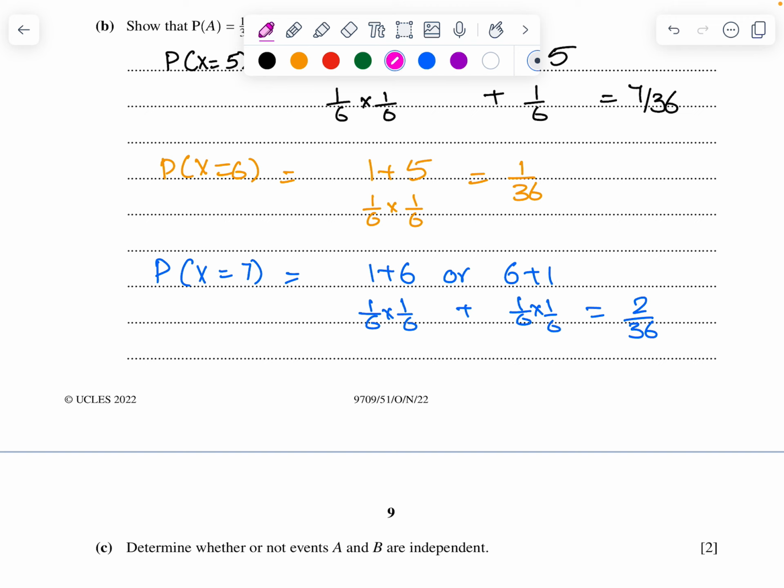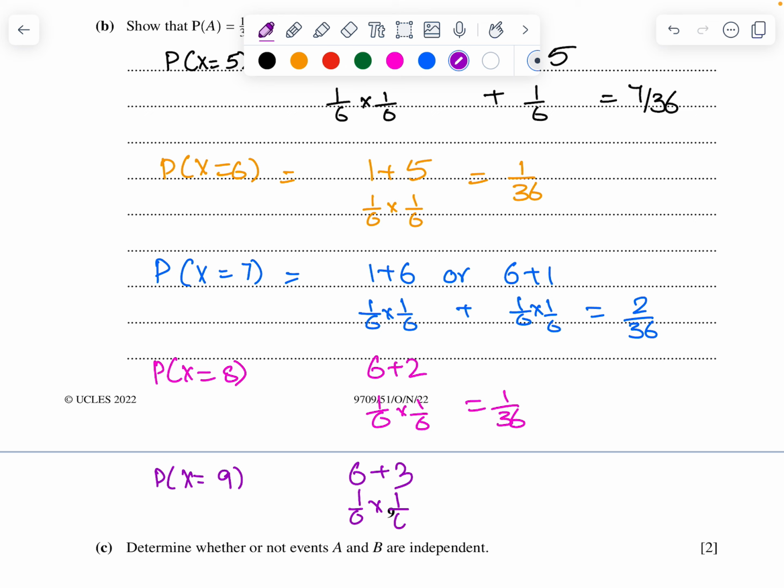Next, he gets 8. Probability of X equals 8: it can come from 6 plus 2, 1 upon 6 times 1 upon 6, which is 1 upon 36. And he can get 9, which is 6 plus 3, 1 upon 6 times 1 upon 6, which is 1 upon 36.